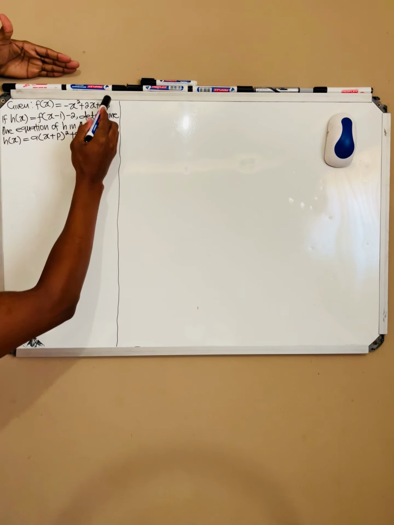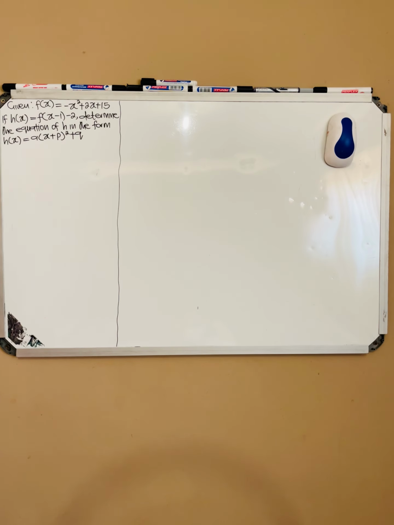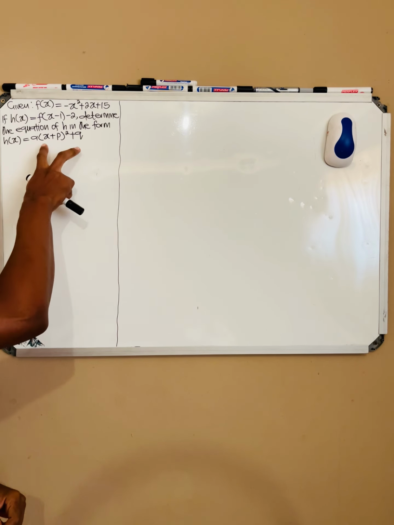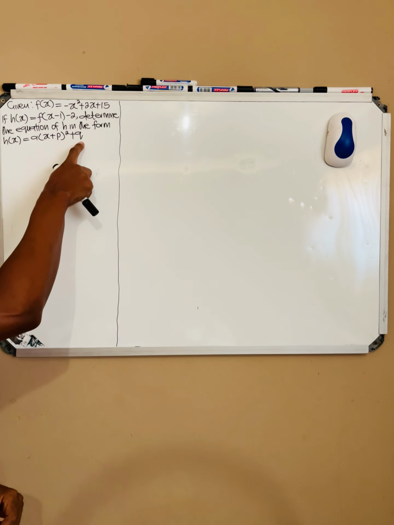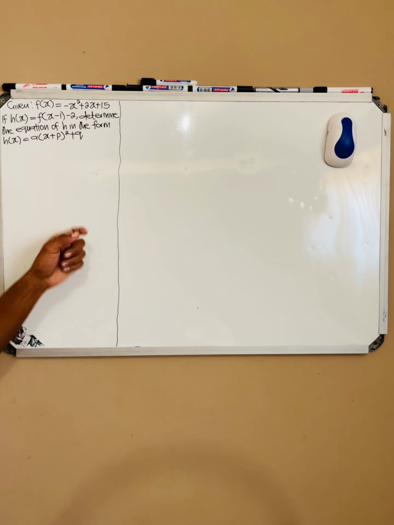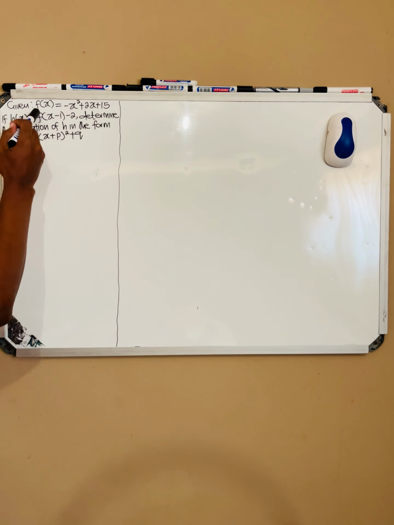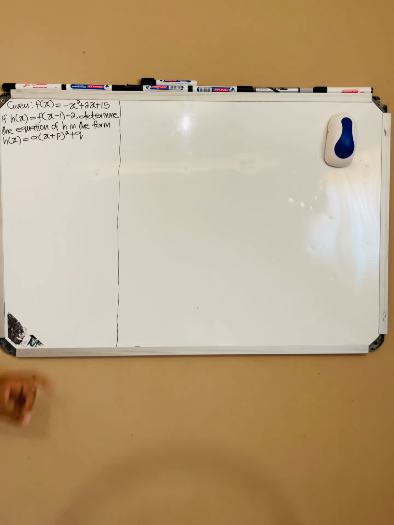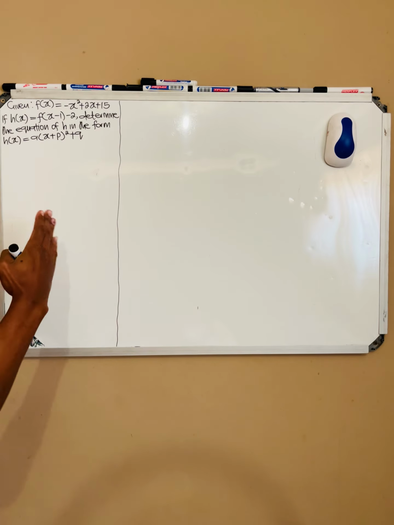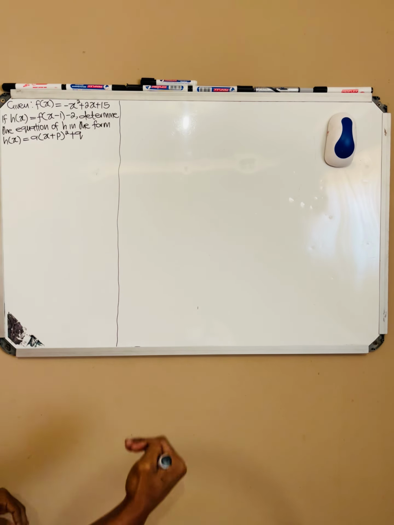We're given the equation of f in the form ax² + bx + c, but the examiner wants the equation of h in the form of the turning point, because the value of p and the value of q are your turning points. This is the x value of the turning point, and this is the y value of the turning point. Now, the examiner is saying that x - 1 means the graph of f has been shifted 1 unit to the right and 2 units downward.